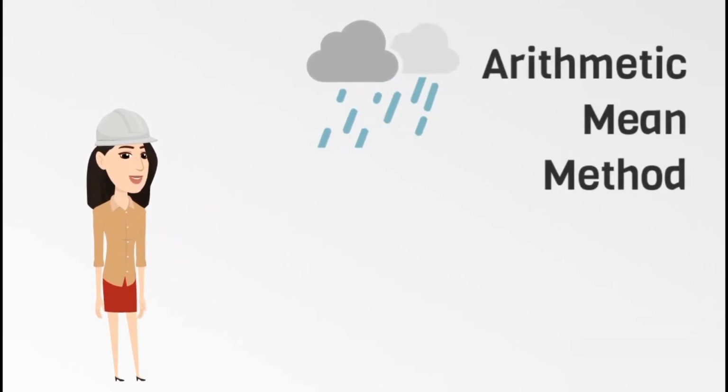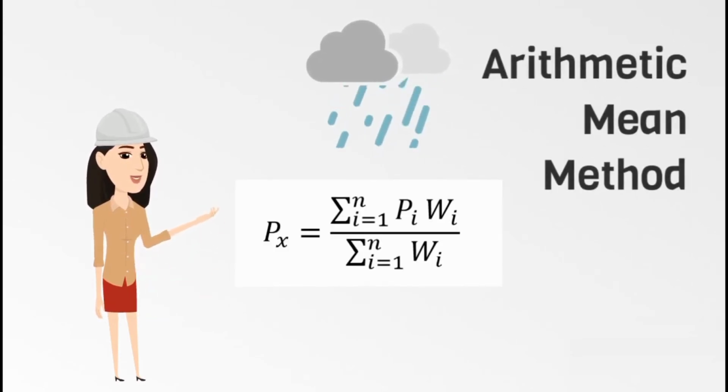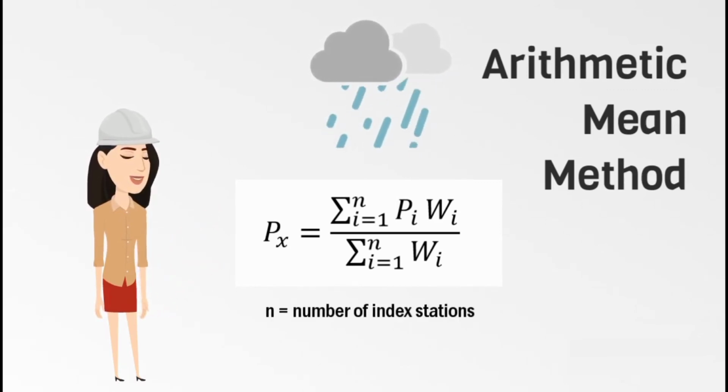The formula for the arithmetic mean method is P sub x is equal to the summation of P sub i over n, as i goes from 1 to n, is equal to 1 over n times the quantity P sub 1 plus P sub 2 till P sub n, where n is the number of index stations.